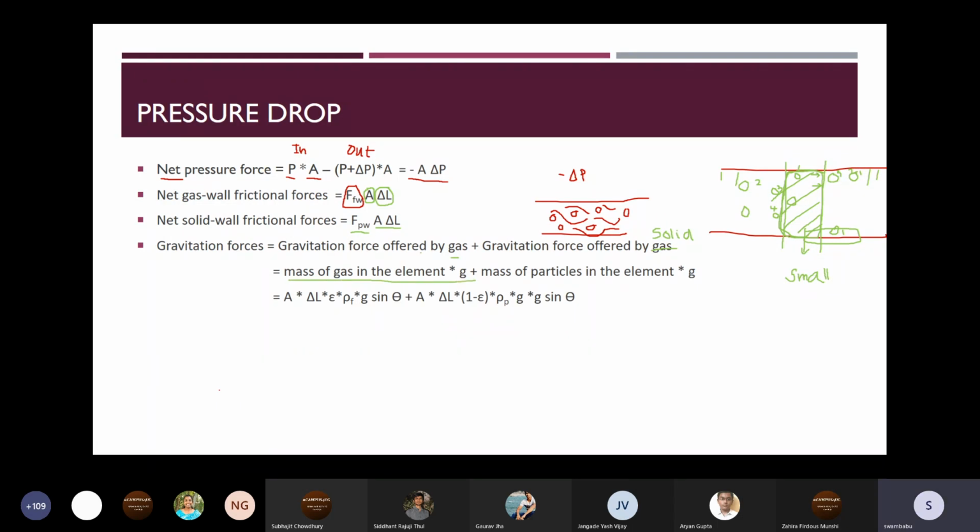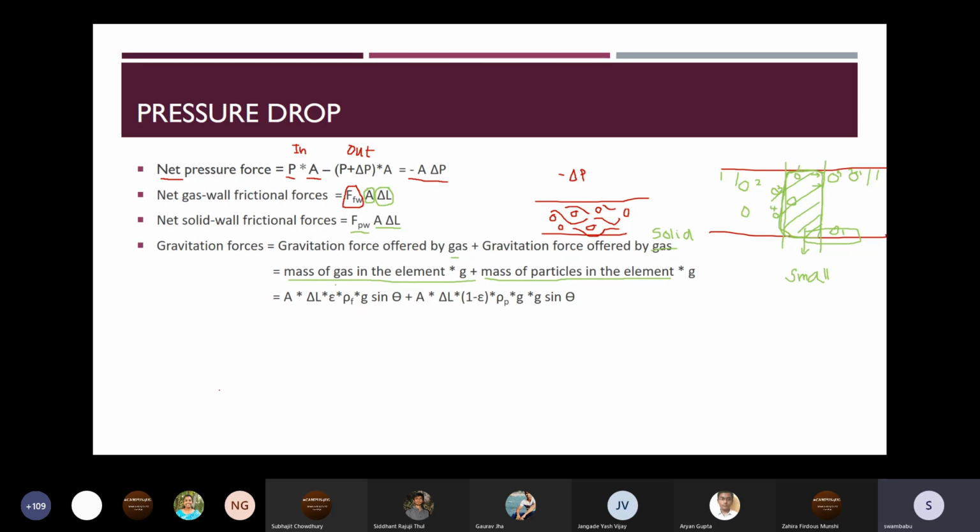In case of gas, m refers to the mass of gas in that element. In case of solids, m refers to the mass of particles in the element.